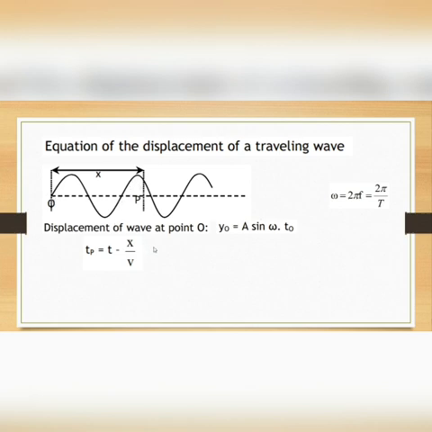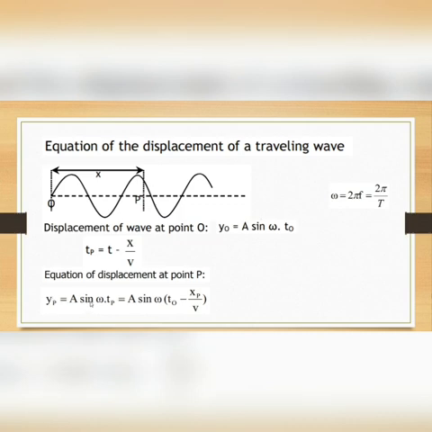So we can write down the equation of displacement of point P as yp equals a times the sine of omega times tp, or equals a times the sine of omega times (t0 minus x over v).